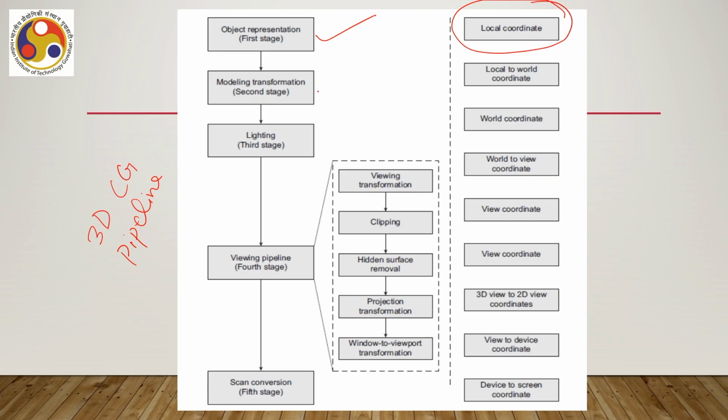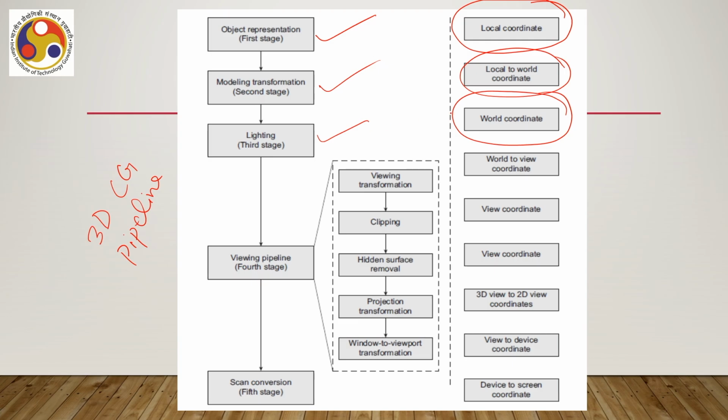We already covered it. Then we have modeling transformation, the second stage, also known as geometric transformation, which transfers the object definition from local coordinates to the definition in a world coordinate scene. Then we have the third stage, that is lighting calculation, which as per our pipeline discussion takes place in the world coordinate scene.